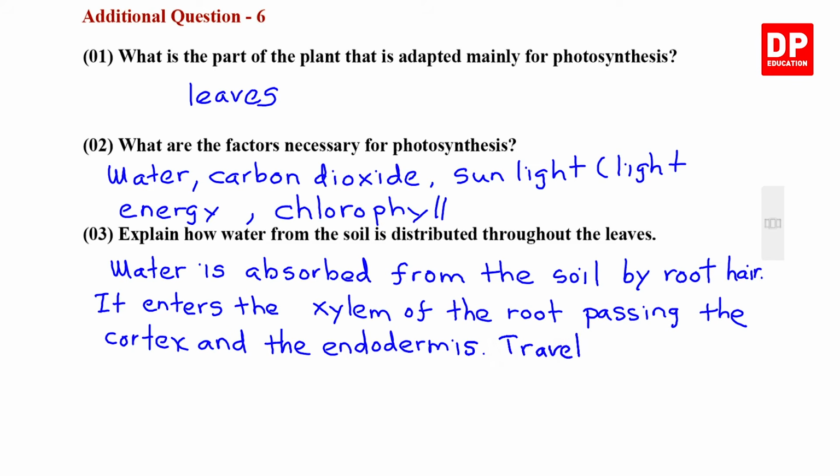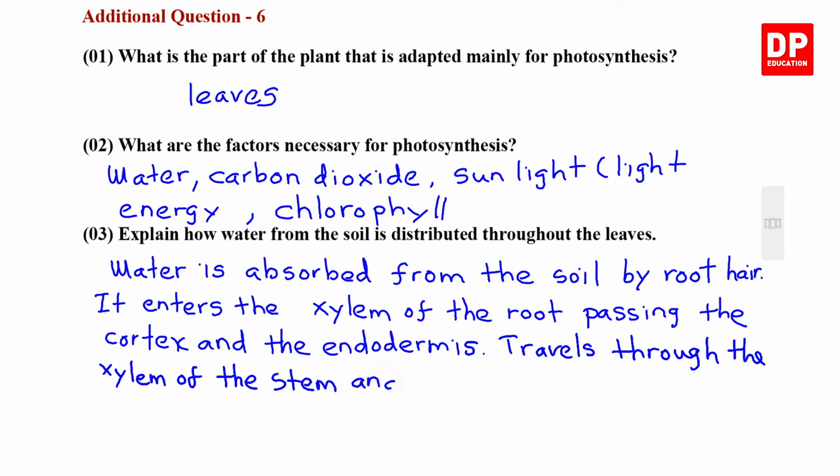Travels through the xylem of the stem and then veins.